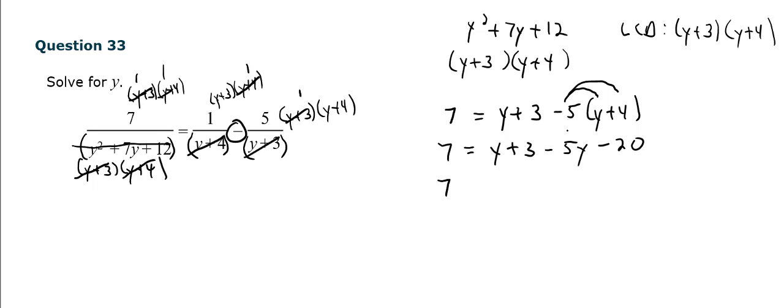So before we move anything, we're going to collect like terms. So here we have 1y minus 5y, which is negative 4y, and positive 3 minus 20, which is negative 17.